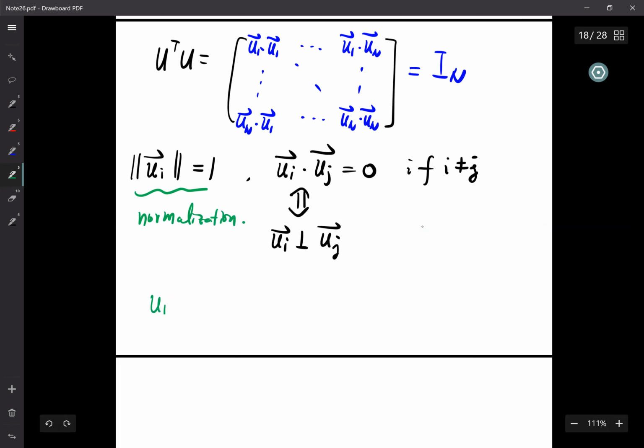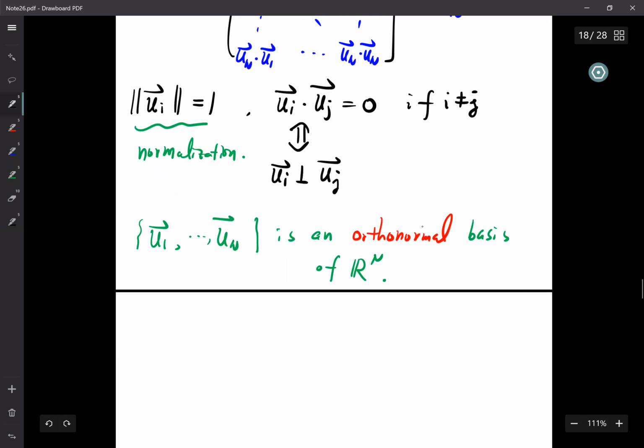So in other words, u1 to un is an orthonormal basis of Rn. So, okay, so this is the first thing.